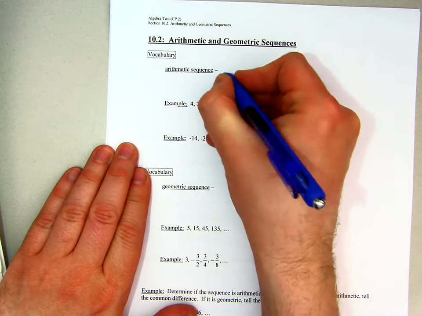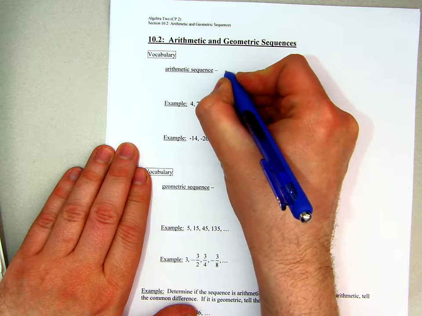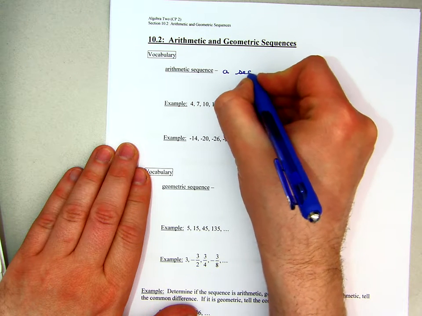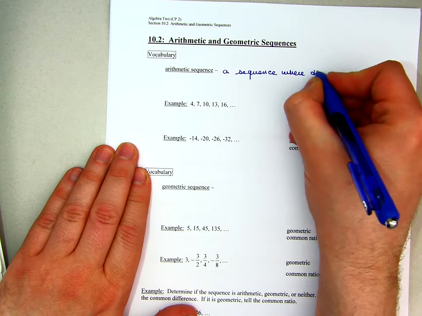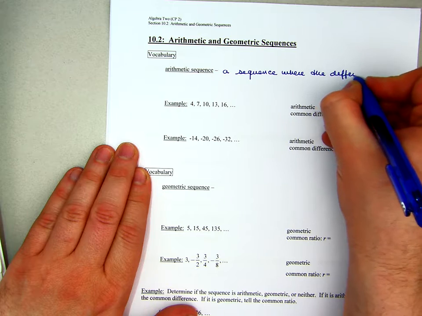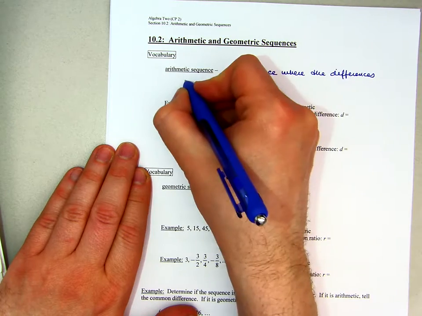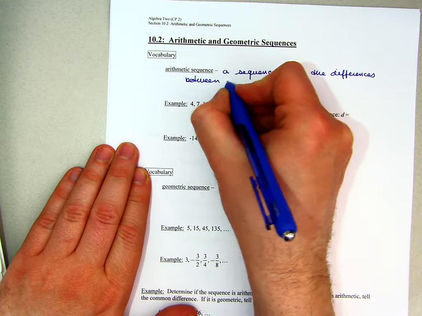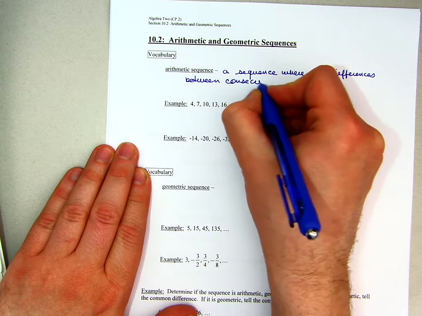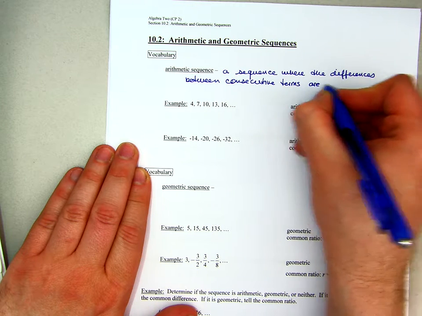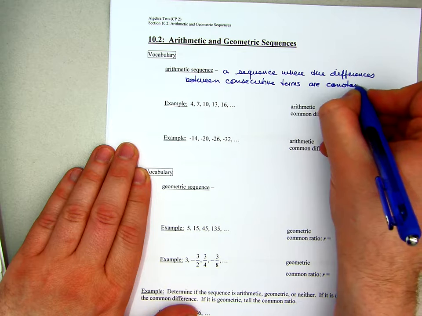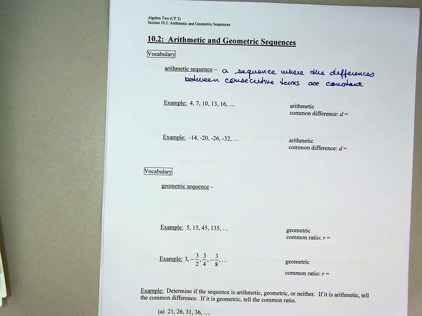An arithmetic sequence is a sequence where the differences between consecutive terms are constant.